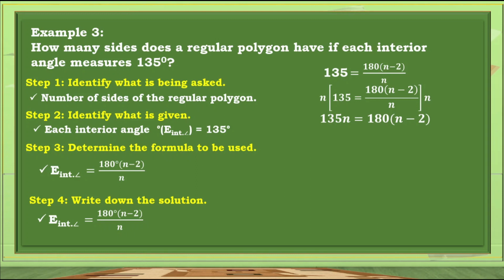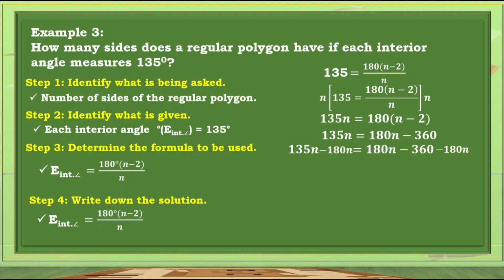By applying the distributive property, we have 135n is equal to 180 times n, that is 180n, minus 180 times 2, which is 360. The next step is to combine the similar terms. To do that, we subtract 180n from both sides of the equation.